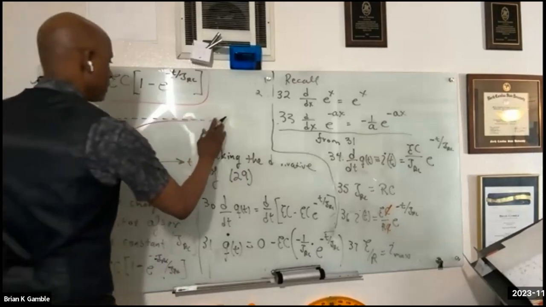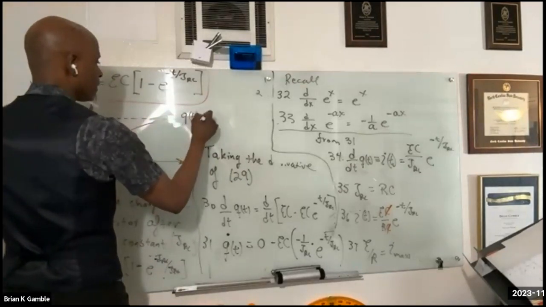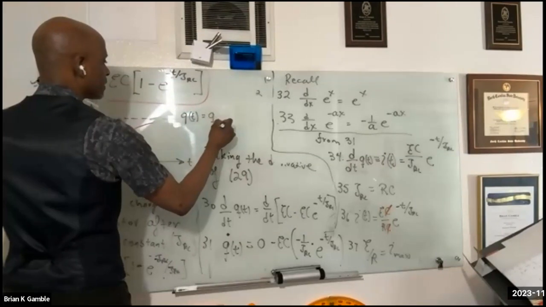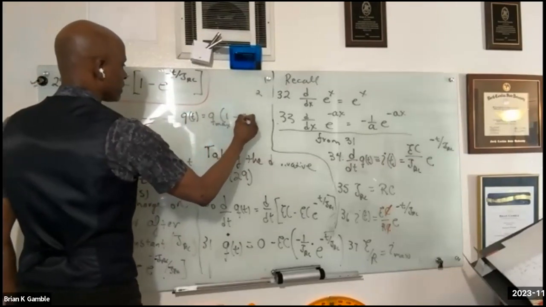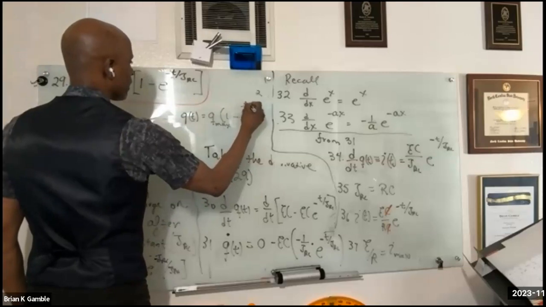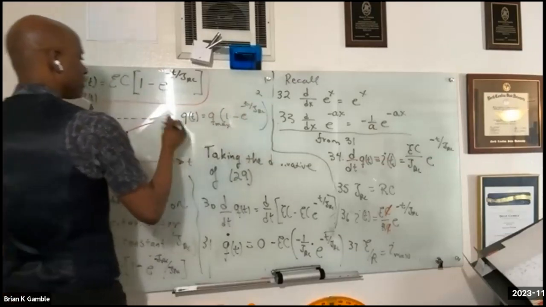This could be written as Q(t) equals Q_max times this stuff, 1 minus e^(-t/tau_RC). Yeah, it's the same thing.